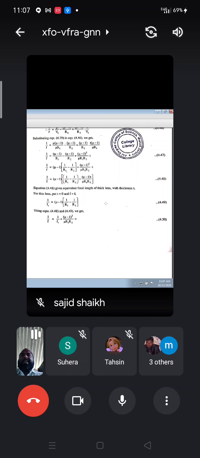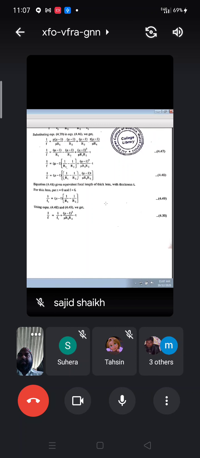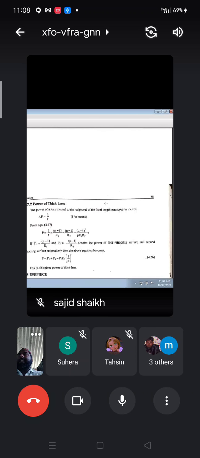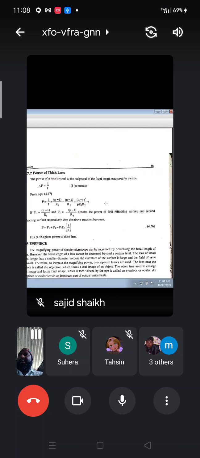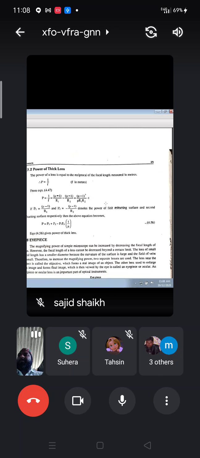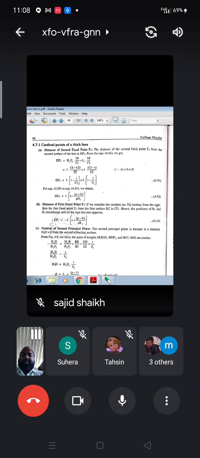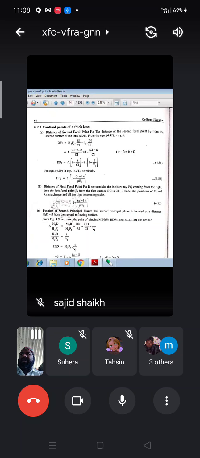For the thin lens, you will put these values and the equation becomes simpler. The cardinal points of the thick lens are given here, just for your information.